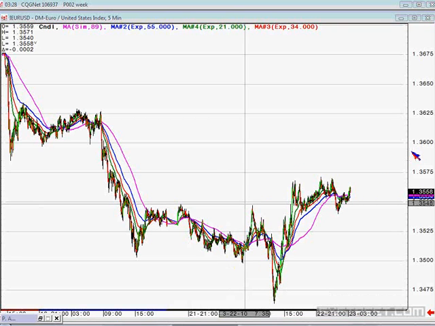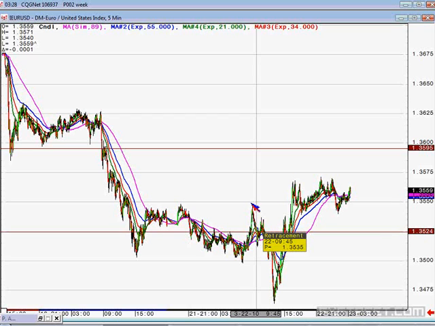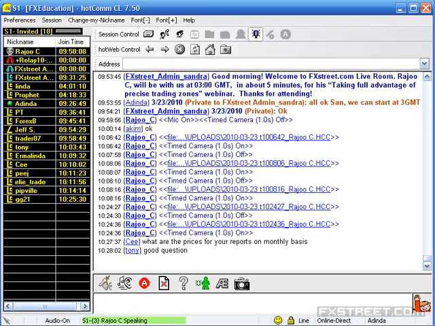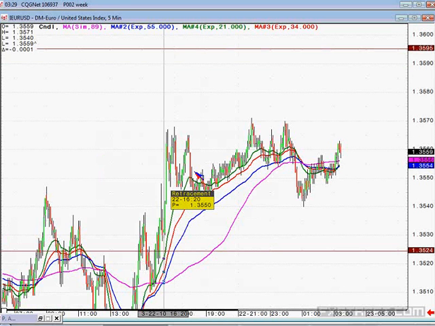Our zone 1 levels are 135.95 resistance zone 1, and our support zone 1 is at 135.25. So right now the price is caught within the no man's zone.